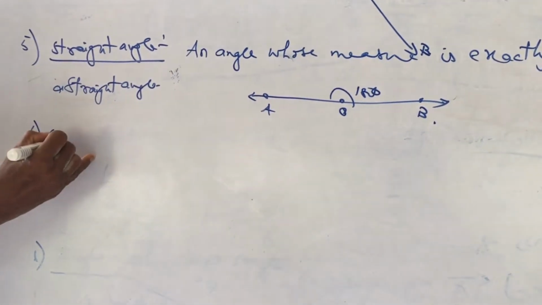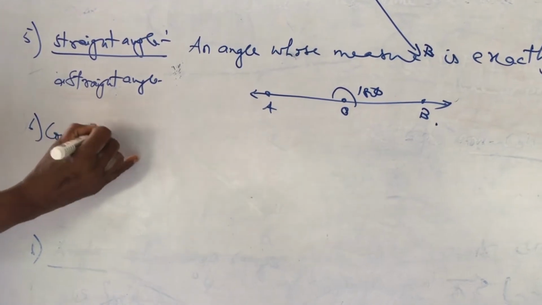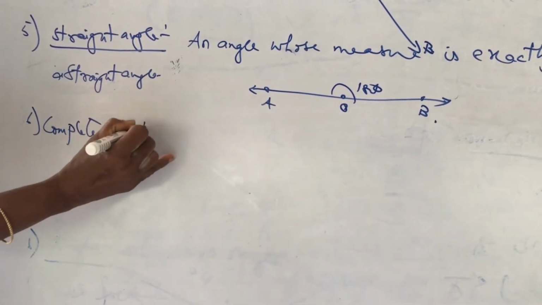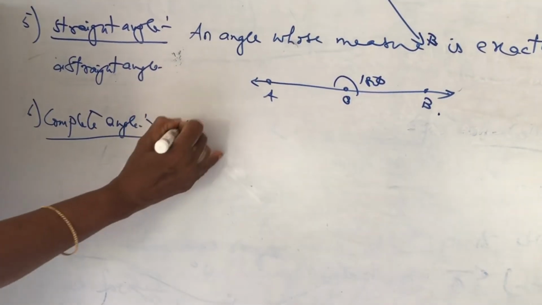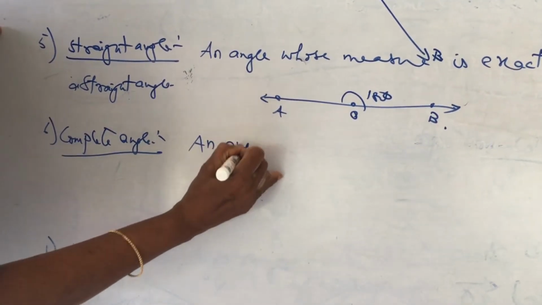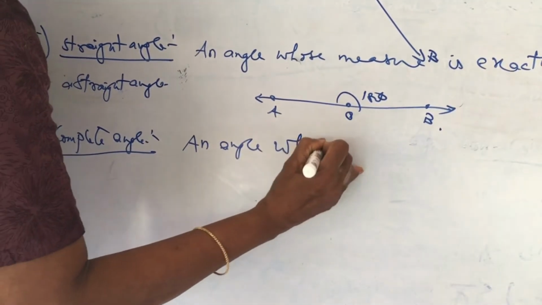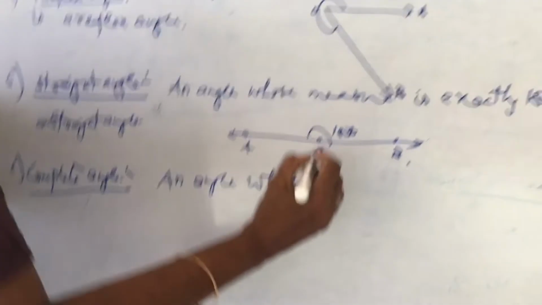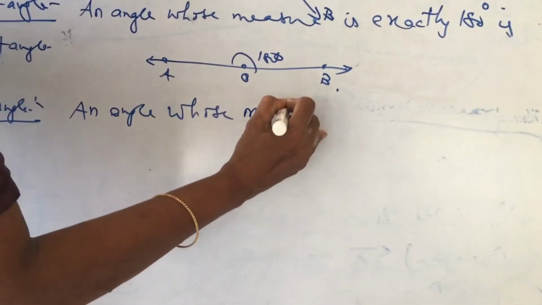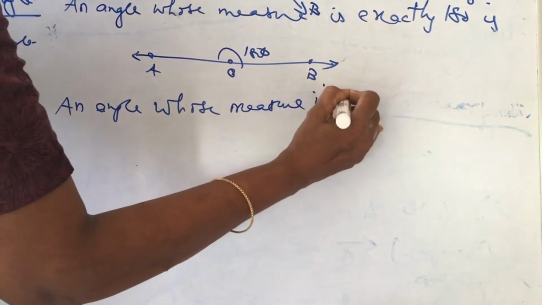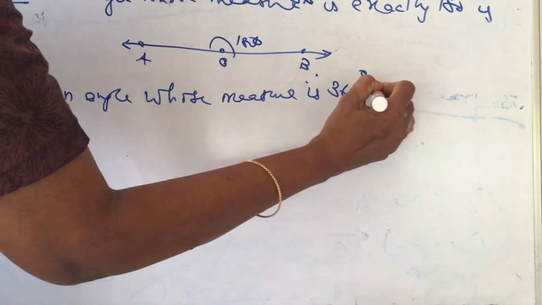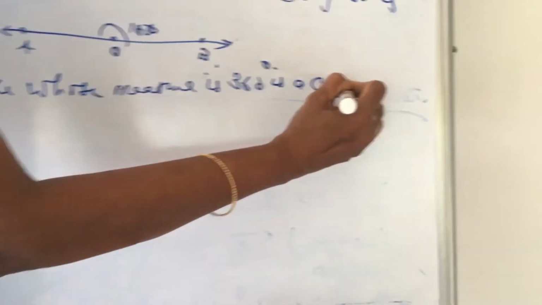Complete angle. An angle whose measure is 360 degrees is a complete angle.